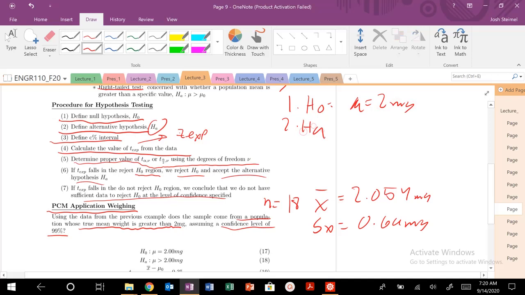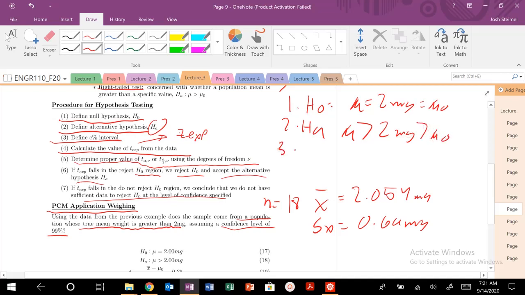Our alternative hypothesis, what we're trying to test, is whether it comes from a population whose true mean is greater than mu naught, which is greater than 2 milligrams.